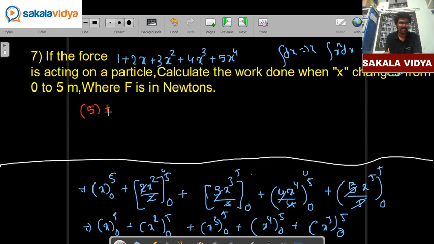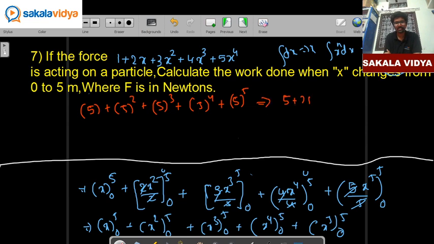5 plus 5 square plus 5 cube plus 5 to the power of 4 plus 5 to the power of 5, which means 5 plus 25 plus 5 cube is 125 plus 625 plus 5 to the power of 5 is nothing but 3125.